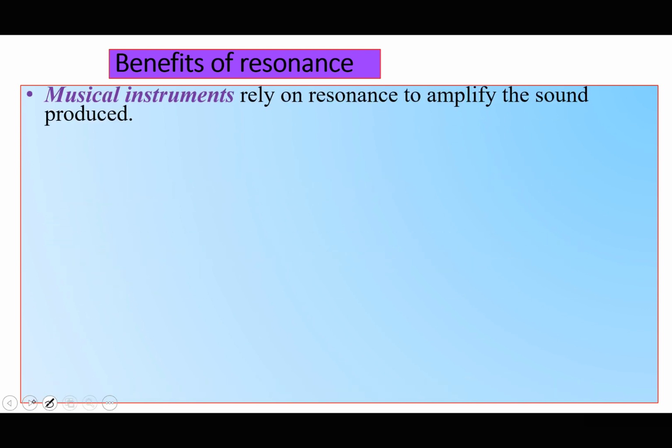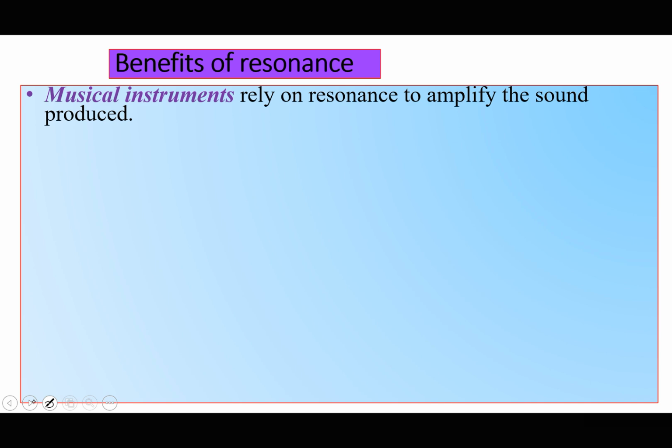Benefits or applications of resonance. Number one, and this is going to be on a lighter note, we have what we call musical instruments. Musical instruments, especially the wind instruments, rely on concepts of resonance.